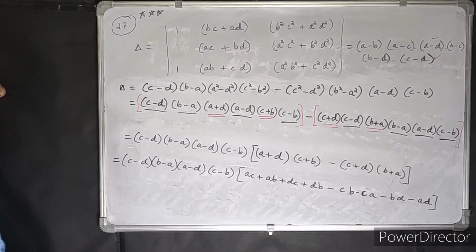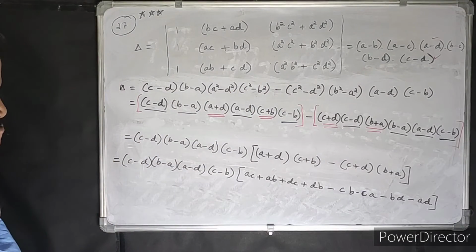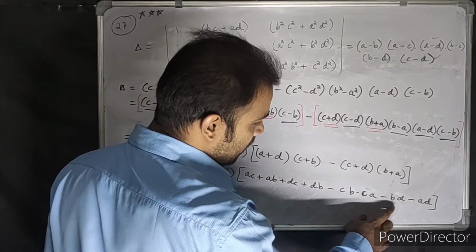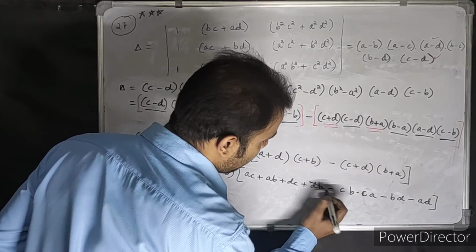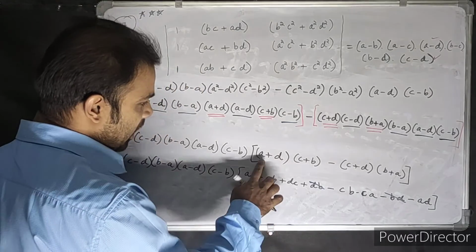Okay, now it's time for us to take out the common, and first of all cancel out what is cancelling out. Okay, I can see this is DB and this is BD, so they are first of all getting cancelled out. Okay, now check it out.